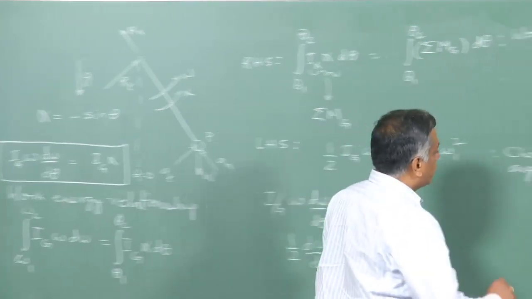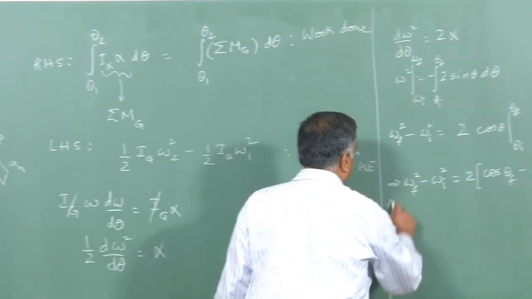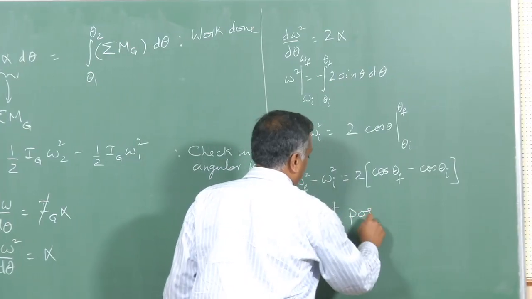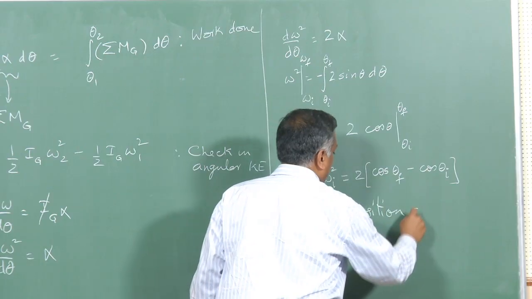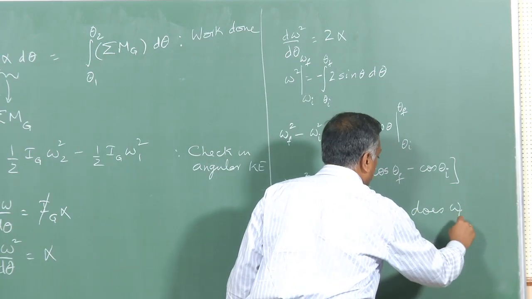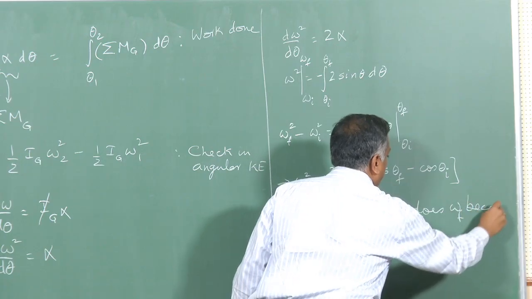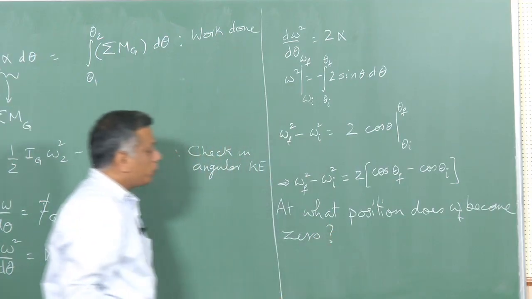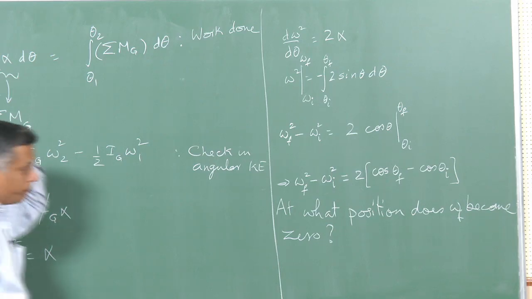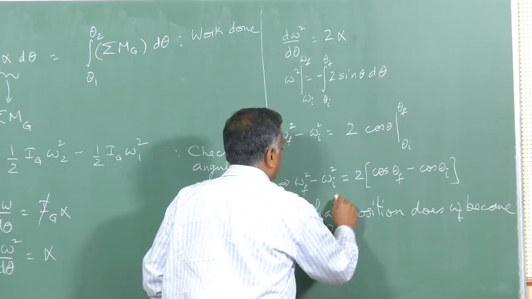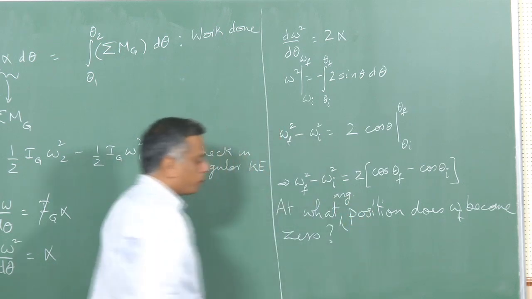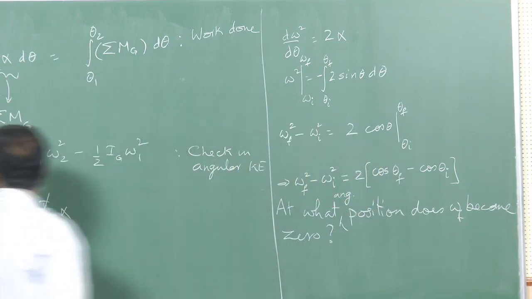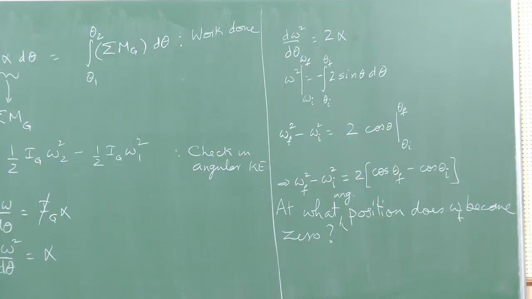Okay, so let us write the question. At what angular position does omega f become 0? And if I ask that question, I'm going to erase this free body diagram here.